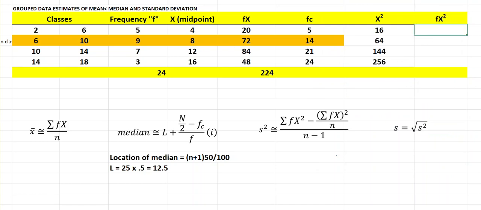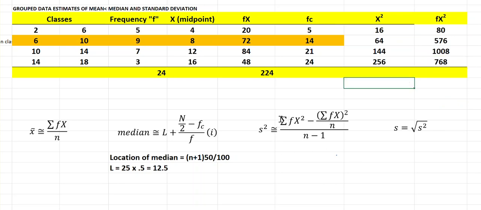So f times x squared, in this first class, is 5 times the midpoint squared. In this case, it's the previous column, x squared. And that's 80. I'm going to do that for all of them. So the next one will be 9 times 64, right? So we do that for all of them. We get these numbers.